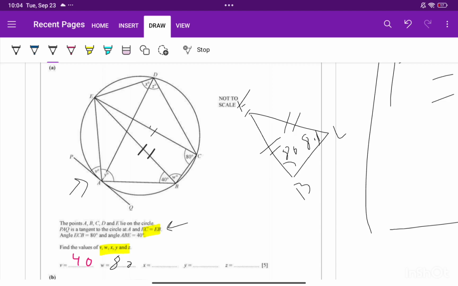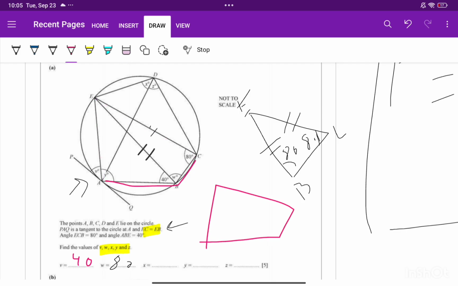Now let's move to y. To get the angle y, as we know, A, E, C, B is becoming a quadrilateral.